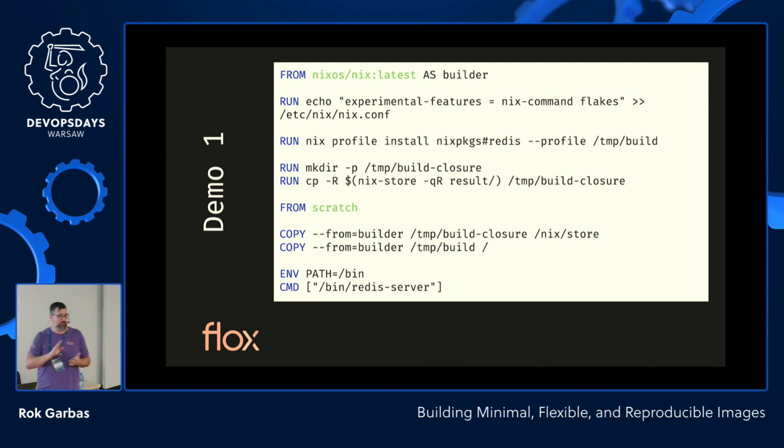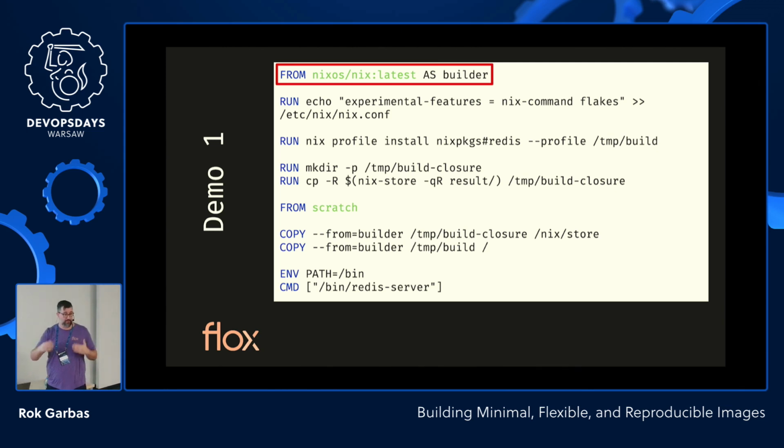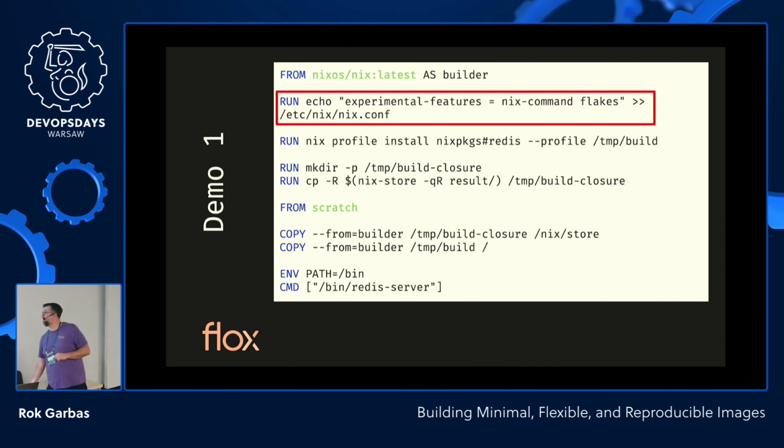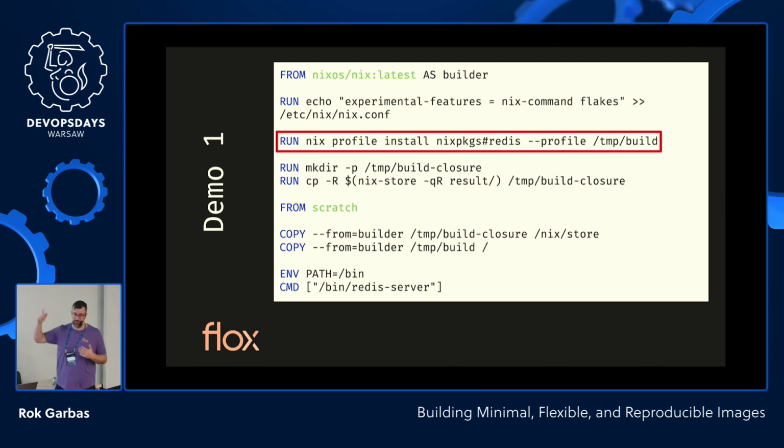This is how you would use a multi-stage approach and use Nix to build a Docker image. Let's see what we're actually doing here. We're using the Nix Docker image as our builder. We have some experimental features that we want to use, just so that the command line below works. Nothing to it, this we configured.